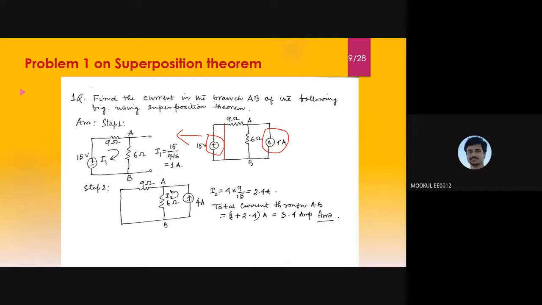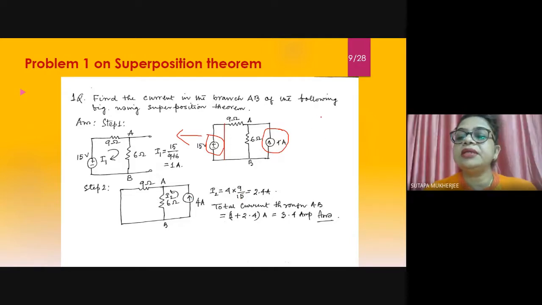Just to explain, if two resistances are in parallel and a voltage source is there, this is R1 with current I1 and this is R2 with current I2. The drop across R1 is I1 R1, and the drop across R2 is I2 R2.